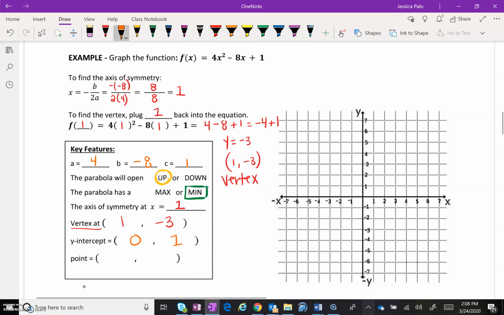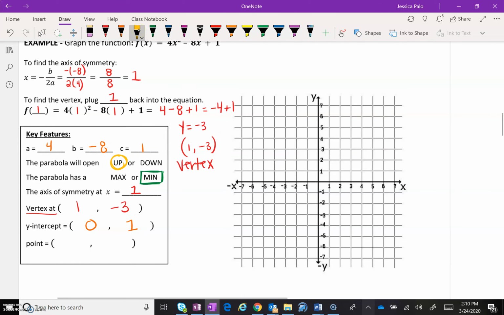And another point on this parabola could be (2, 1), because it is in the same place on the y-axis as the y-intercept, but it can't be on 0 because that's the y-intercept. It can't be on 1 because that's the vertex. So if we go over 1 more, we have our next point.